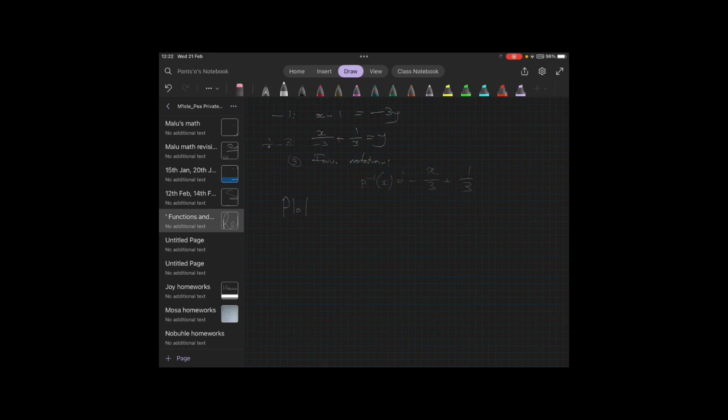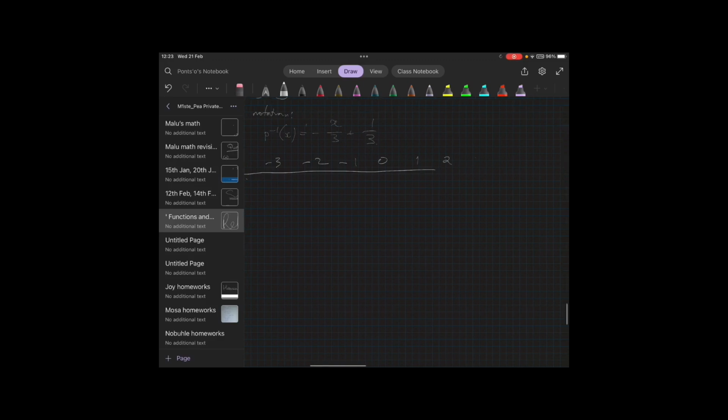Now we must plot these two. Let's plot them simplistically. So let's do x, p of x, and p inverse of x. So we have minus 3, minus 2, minus 1, 0, 1, 2, and 3.